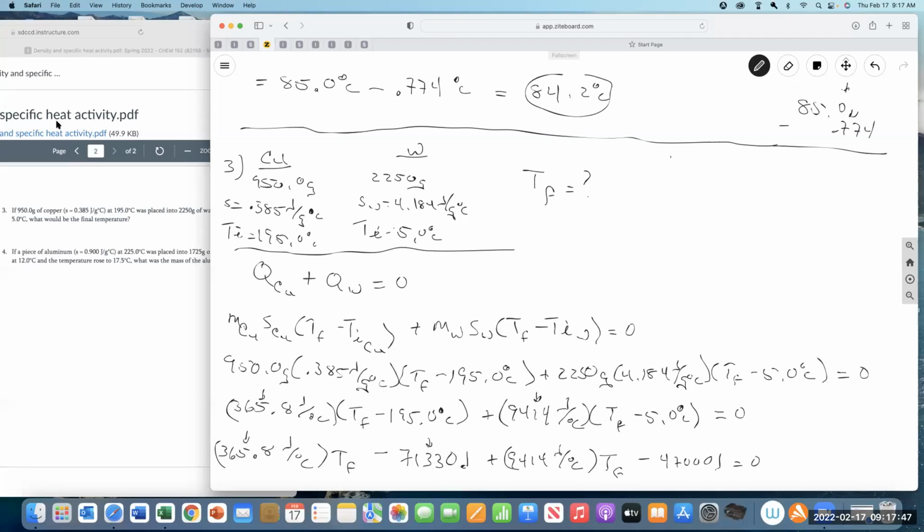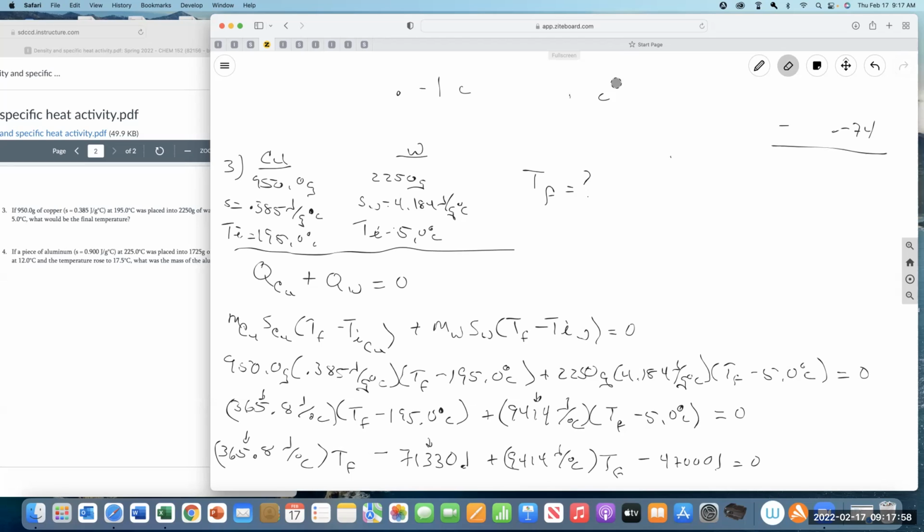So now I've got to move this up. Move this over. There we go. So going up here now. Okay, so I'm going to combine the TF terms. The 9414 and the 365, the guess is in the tens place. So under the TF terms, I'm going to combine 365.8 plus 9414, and the guess is in the tens place.